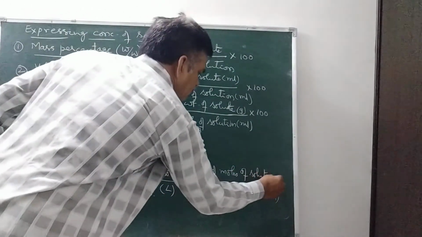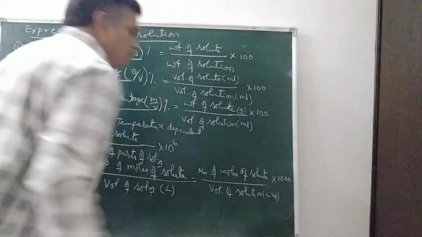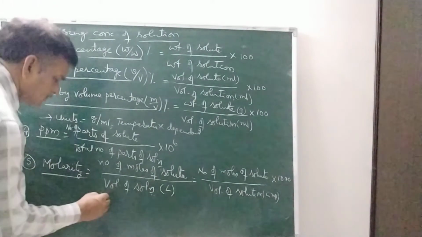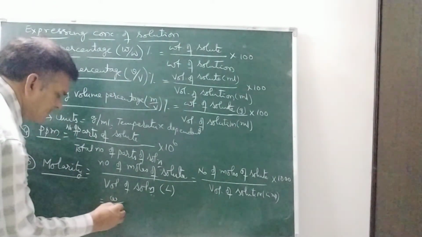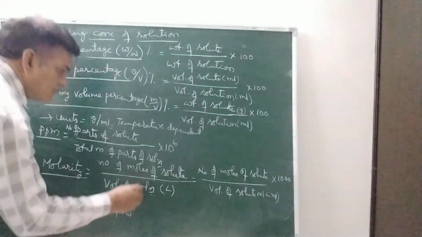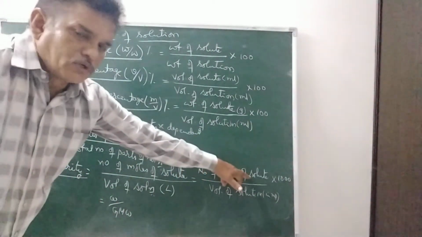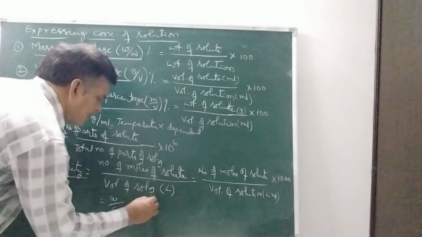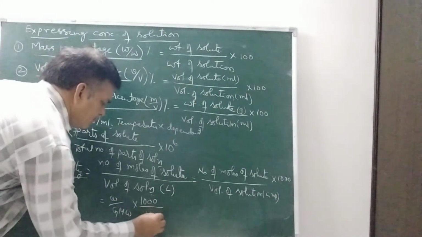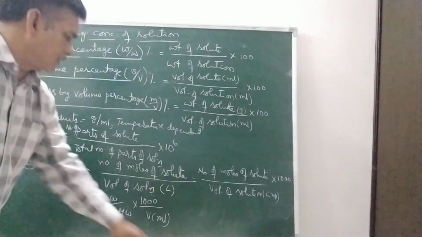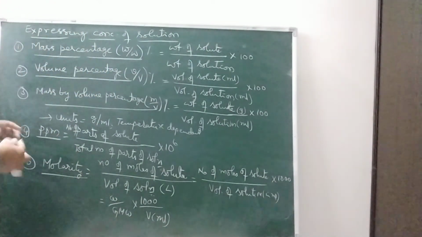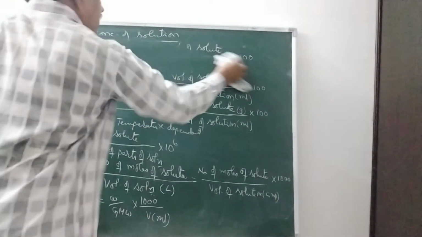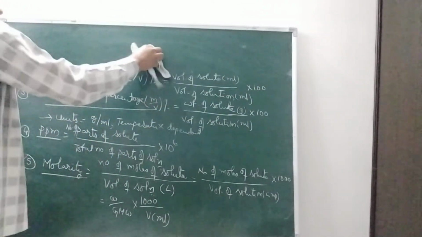That 1000 goes into the numerator. Or number of moles: how will you get number of moles? Number of moles is equal to weight of solute by gram molecular weight of solute. So molarity is weight by gram molecular weight into 1000 by V in ml. Okay, so this is about molarity, right?